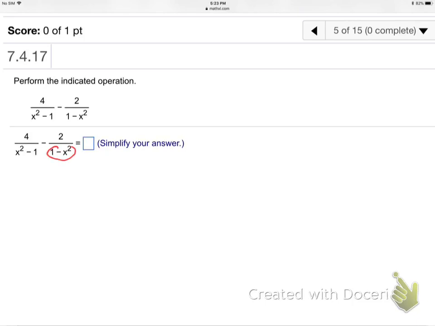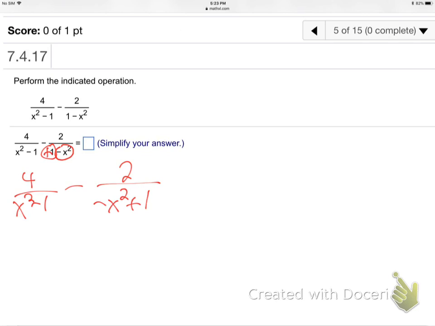Okay, so number 5 here. So this guy's got to be turned around. I wrote out the steps last time, so you know the deal if you watched the last one. Turn this around. When you move them around, they've got to take their signs with them, right? So that minus in front of x squared goes with them. What's in front of the 1? Nothing, which means plus. Like that.